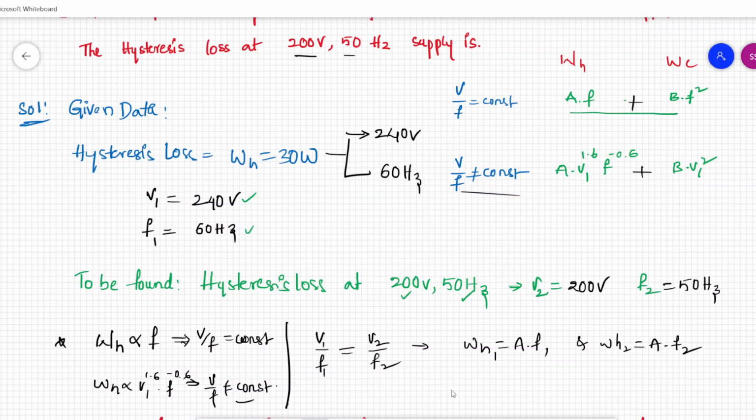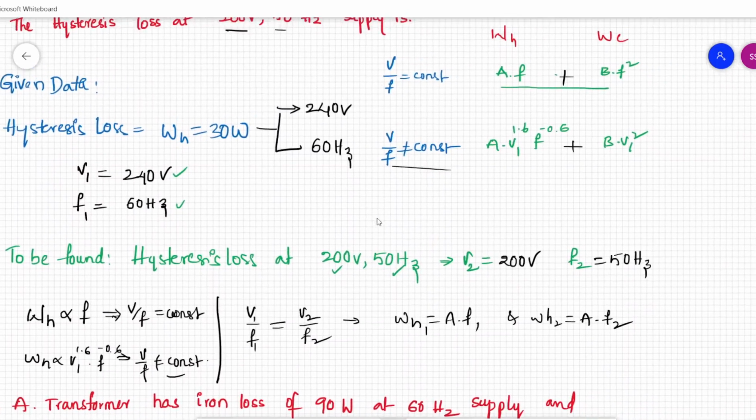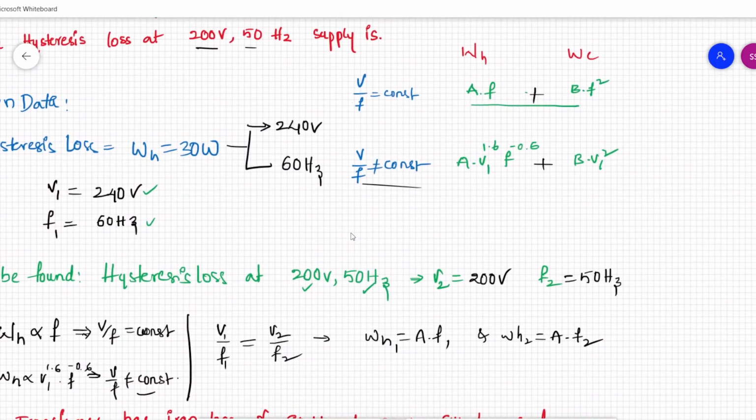So let us check it now. V1 by F1: V1 is 240 volts, F1 is 60 Hz. So the ratio is 4.